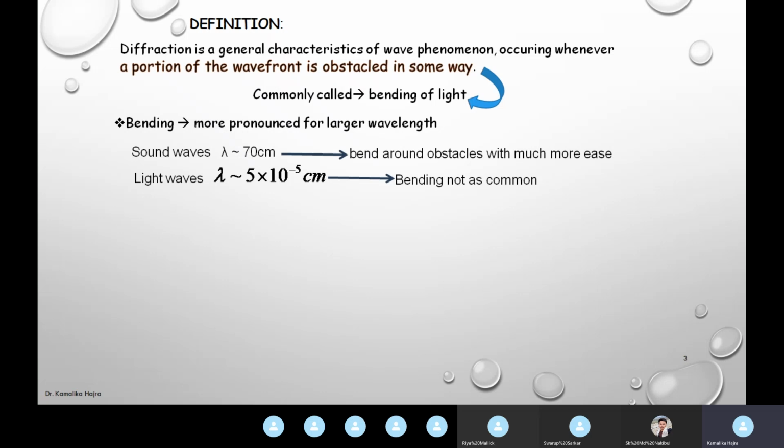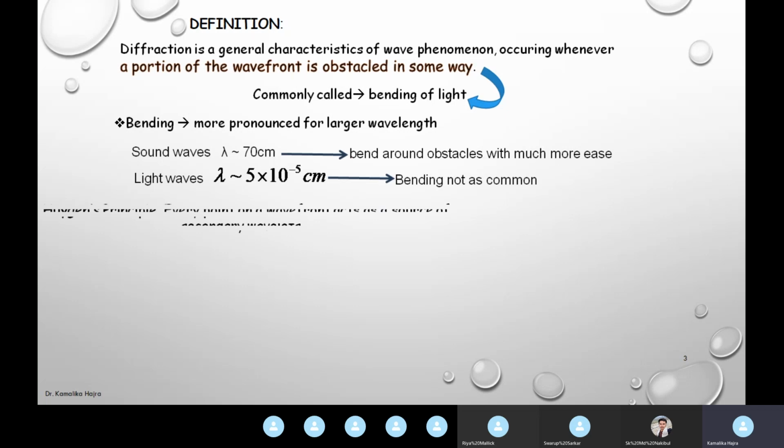It will be able to bend around an obstacle only if the size of the obstacle is of the order of its wavelength. That is why diffraction as a phenomenon is much more commonly observed in case of sound than in light. To observe diffraction of light, you actually have to make setups, proper experimental arrangements in the laboratory.